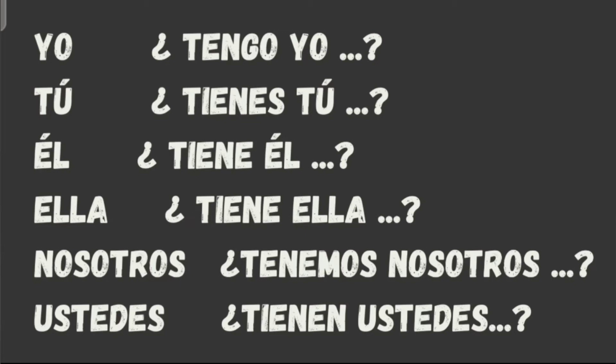We have an auxiliary. In Spanish, we are not having any auxiliary. We only put the conjugation of the verb to have, and immediately after that, our personal pronoun. To create a question, we're going to say, tengo yo, and then after that, my complement.